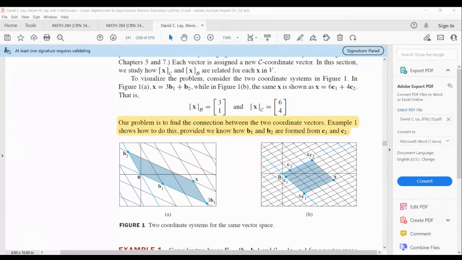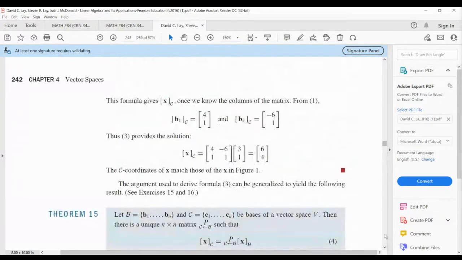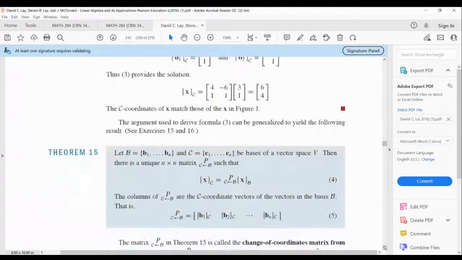Okay, so there's a theorem here. Theorem 15.